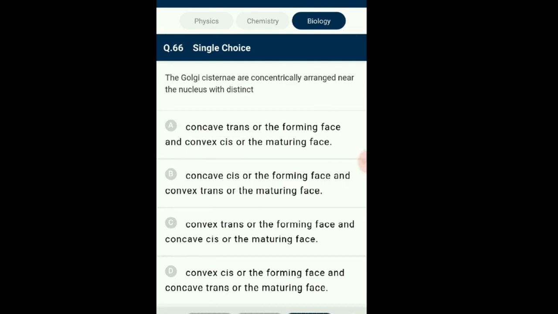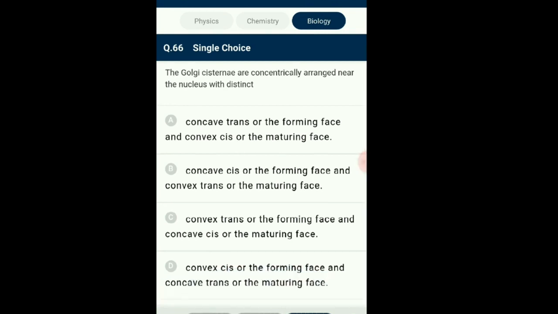Question number 66. The Golgi cisternae are concentrically arranged near the nucleus with distinct. Golgi bodies consist of many flat disc-shaped sacs or cisternae of 0.5 micron to 1 micron diameter. These are stacked parallel to each other. A varied number of cisternae are present in a Golgi complex.